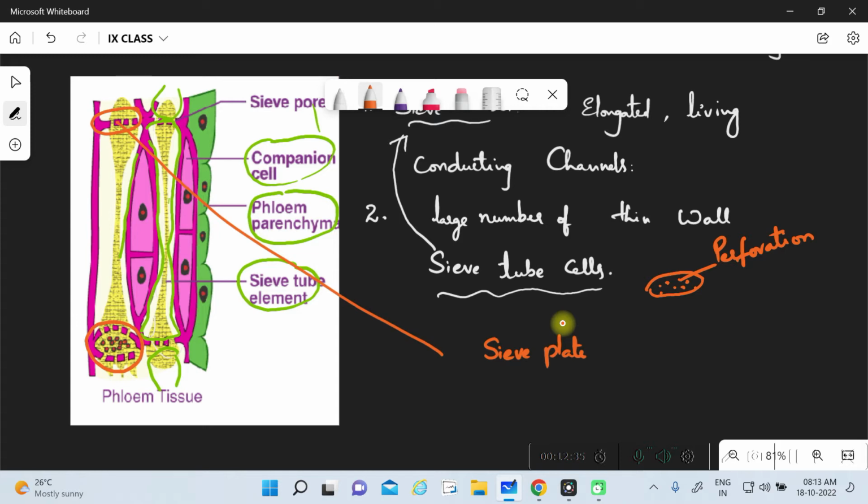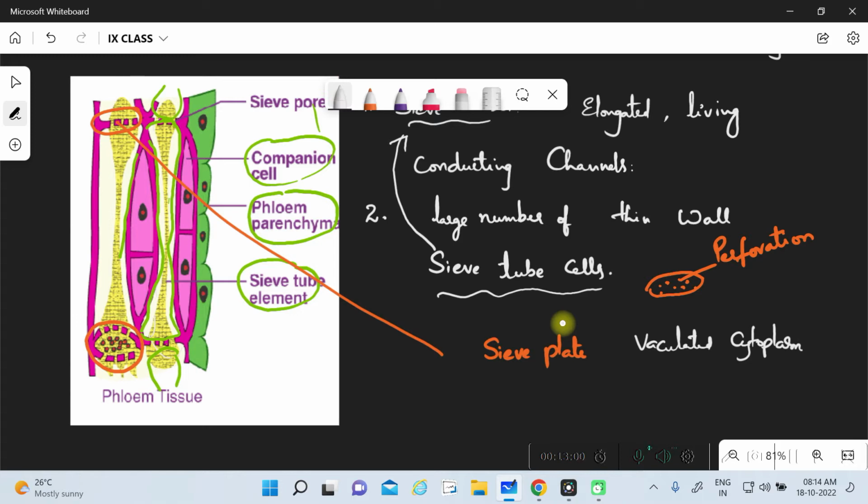Now, sieve tubes basically have vacuolated cytoplasm.